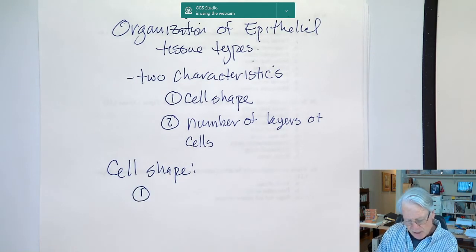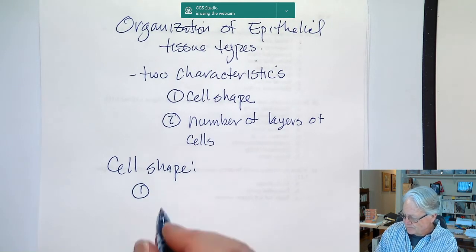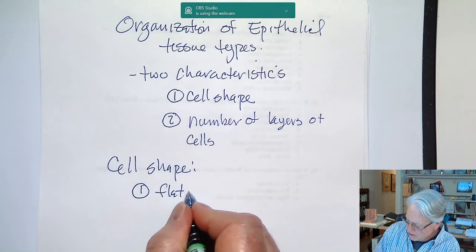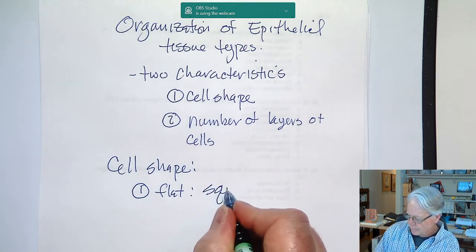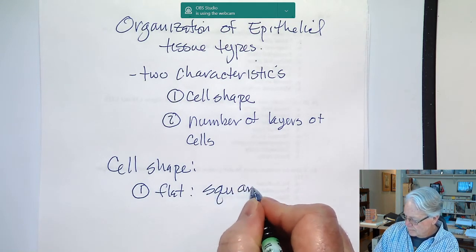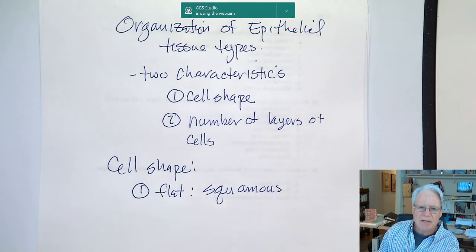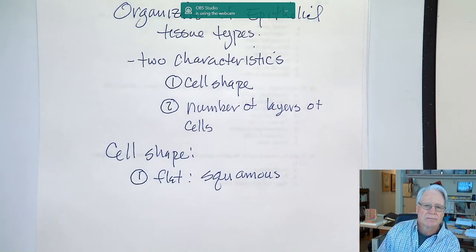Number one, they can be flat, in which case we're going to use the term squamous to describe that. Flat, squamous, okay? Don't use flat, that's its shape.